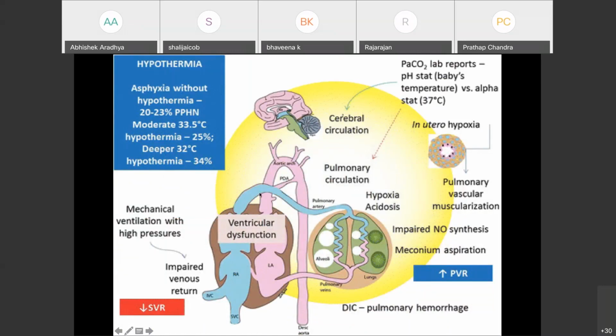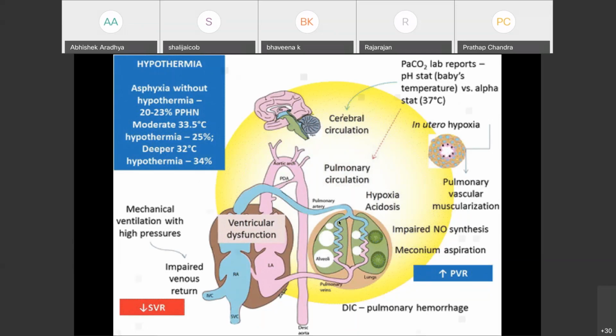Be careful in those circumstances. Also, there could be in utero hypoxia, which in itself can cause pulmonary vascular muscularization. Therefore, that will impair your nitric oxide synthesis and cause severe hypoxia, acidosis, and pulmonary hypertension, right?